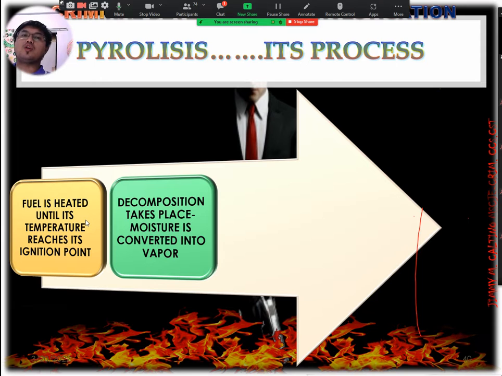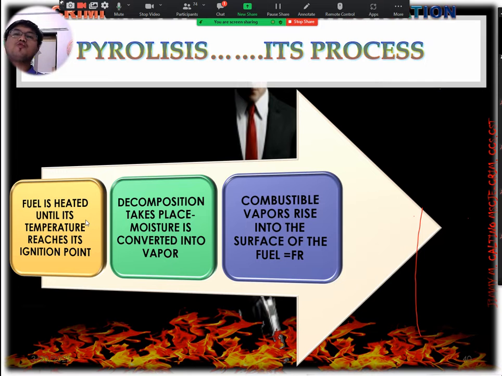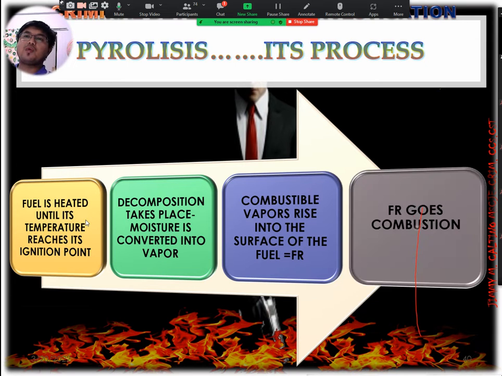Okay? Takes place. Moisture is converted into vapor. Okay? So, nagkakaroon na tayo ng vapor. Then, those vapors, okay, will become free radicals. Okay. Now, those free radicals will be the one to go to combustion. FR goes to combustion.